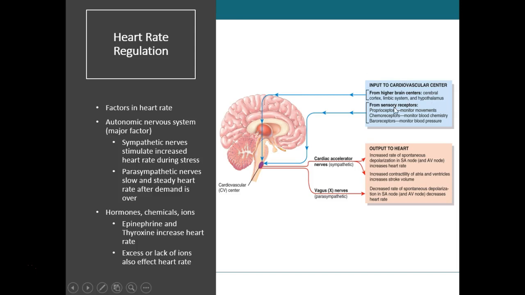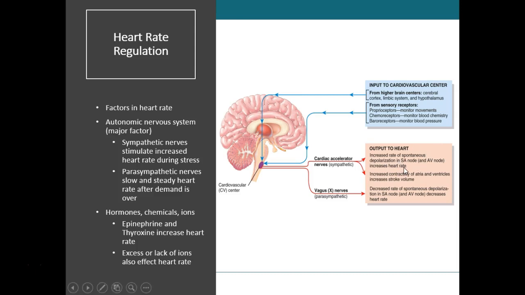So as the cardiovascular center is receiving all this information from the cortex and the limbic system and the hypothalamus and from all these sensory receptors, then that information is going to activate the cardiac accelerator nerves that go out to, as I mentioned a while ago, the SA node and the AV node and portions of the myocardium, and cause increased rate of depolarization.